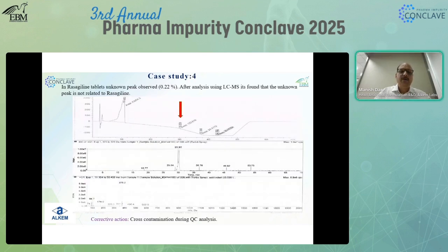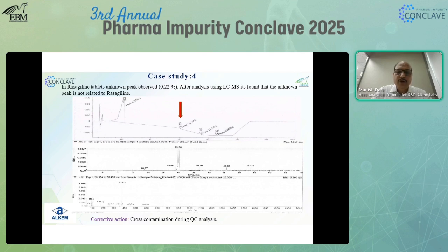Another example of a case study is the rasagiline tablet. In rasagiline also, during analysis, an unknown impurity was observed, and after complete investigation and hypothesis performed at quality control, they could not identify the actual root cause, so they took help from R&D.